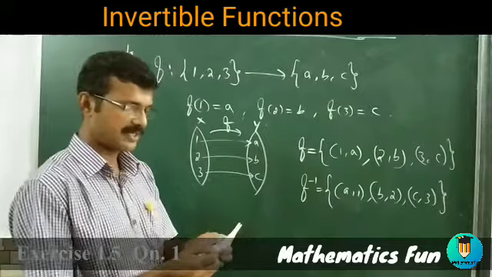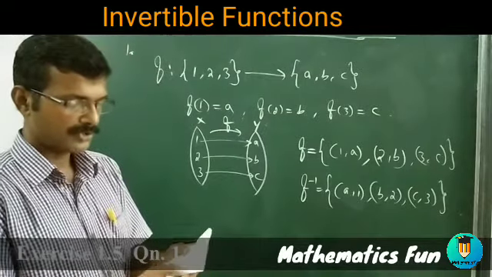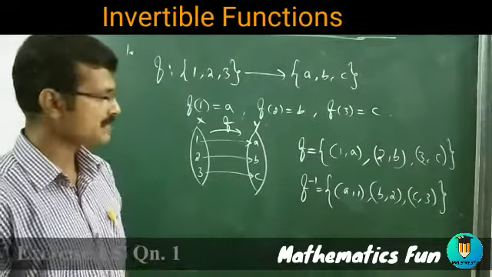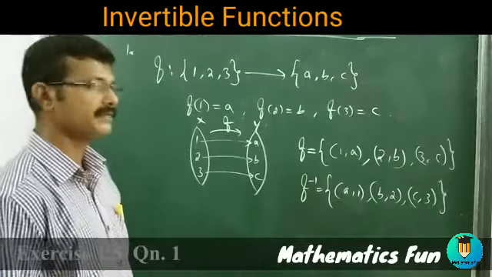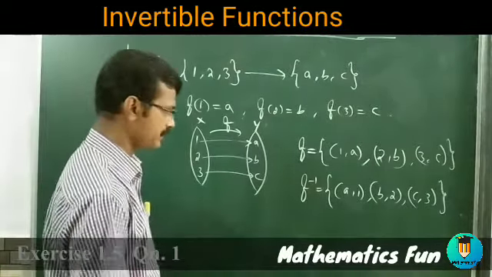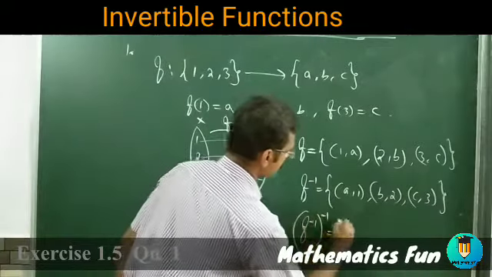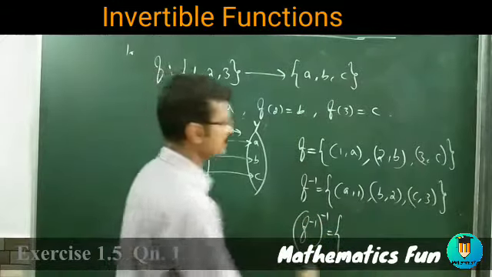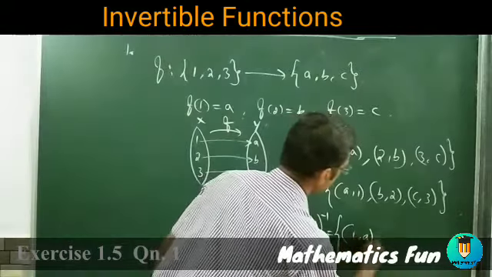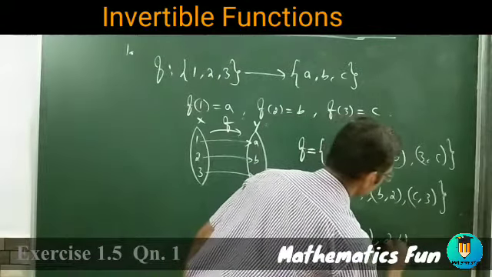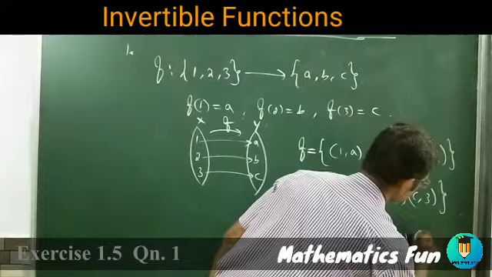So this is the second part, and we have to do one more thing also: show that f inverse whole inverse is equal to f. So what is f inverse whole inverse? Once again we interchange the order, so it is (1,a), (2,b), (3,c).